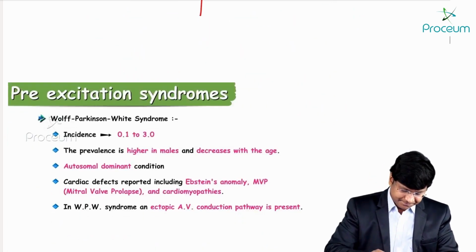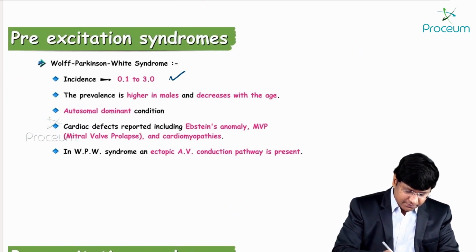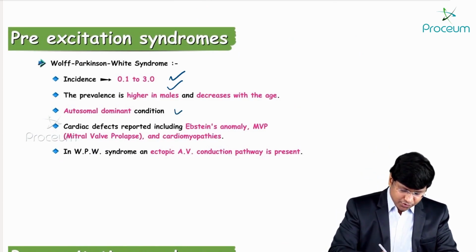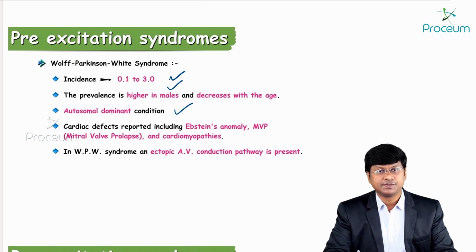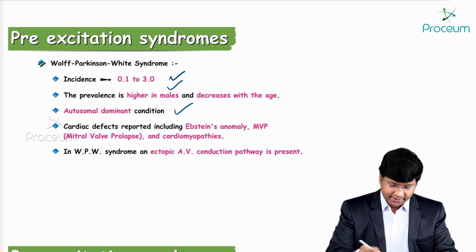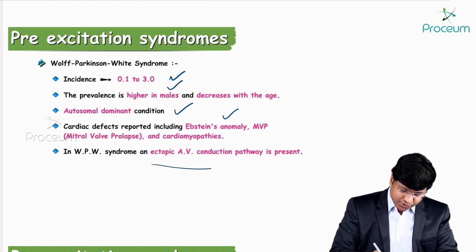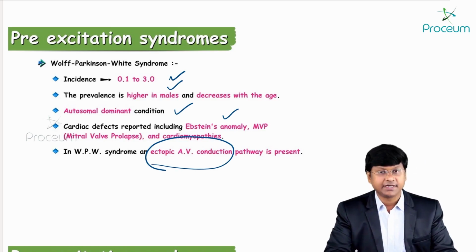So the incidence is around 0.123. The prevalence is more in males. Autosomal dominant inheritance. And the cardiac defects associated are Epstein's anomaly, mitral valve prolapse, and cardiomyopathies. And in WPW syndrome, there is presence of an ectopic AV conduction pathway.